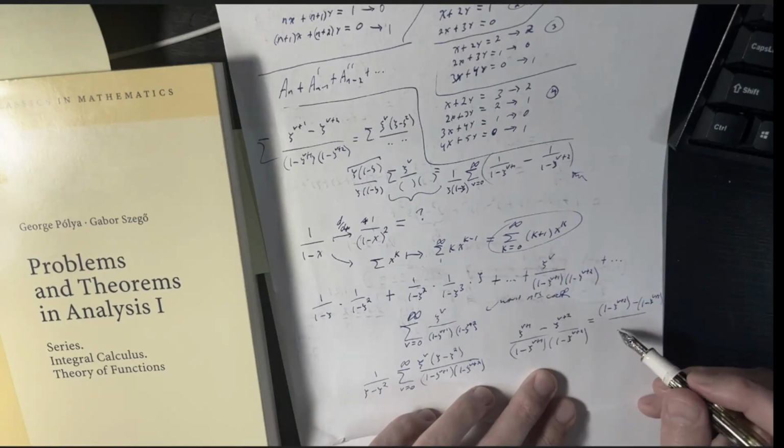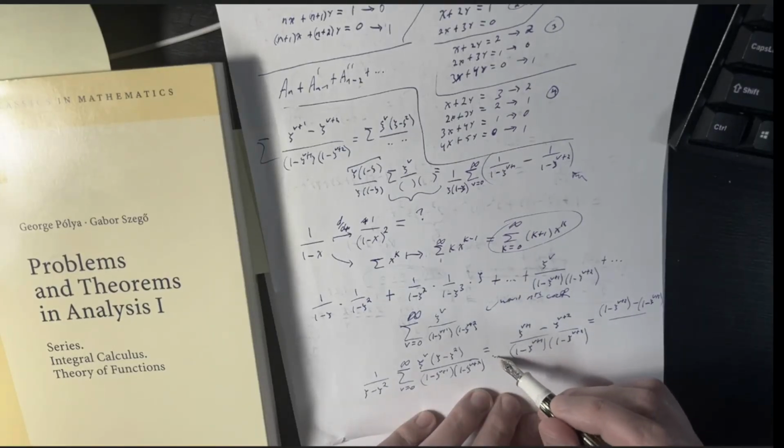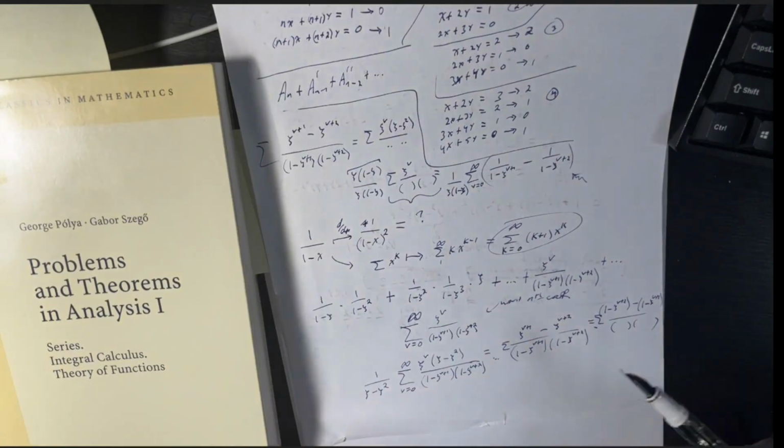And there you go. Now you're able to cancel. Anyway, sum, sum. Interesting. Well, we'll call that 22.